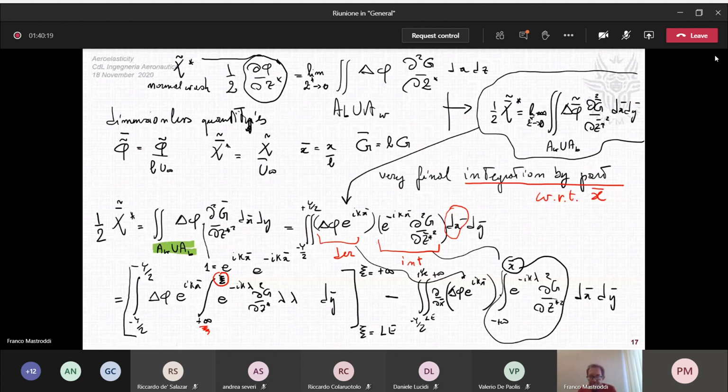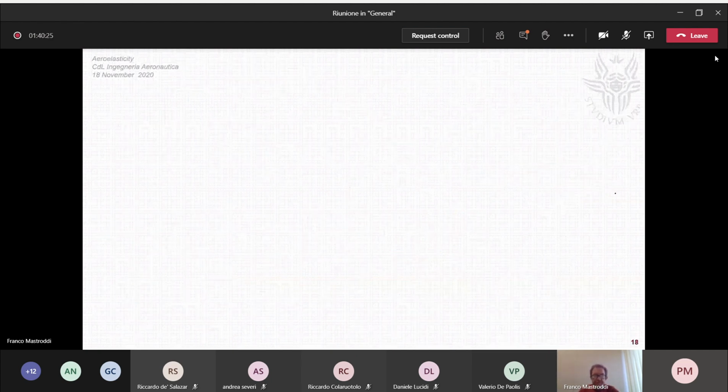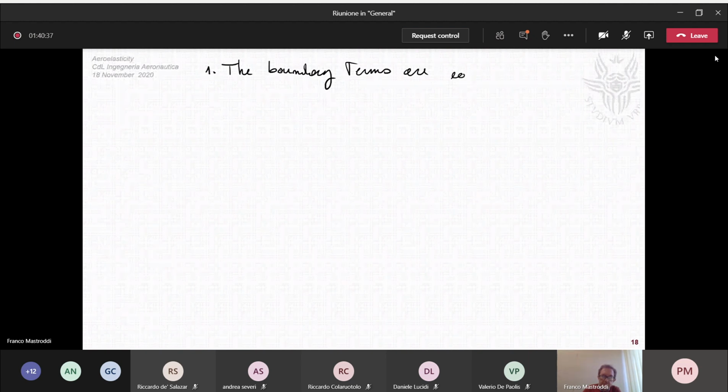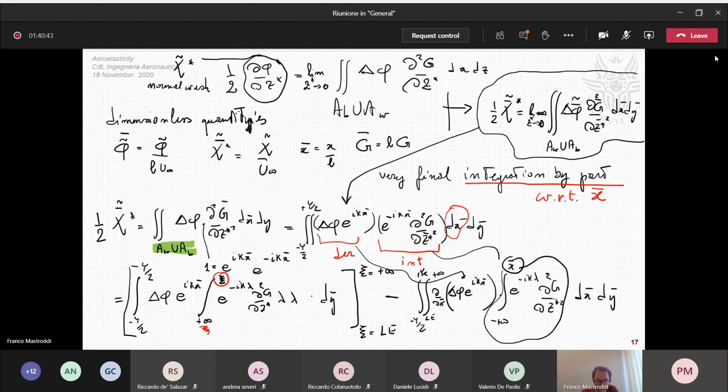and that's all. Now, first consideration: the boundary terms are equal to 0. In fact, what happens when you evaluate this quantity for zeta equal to plus infinite?